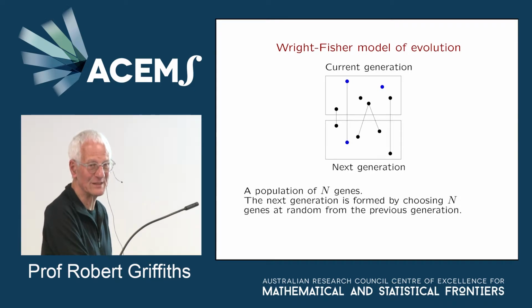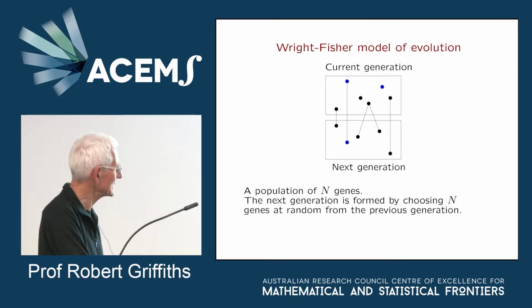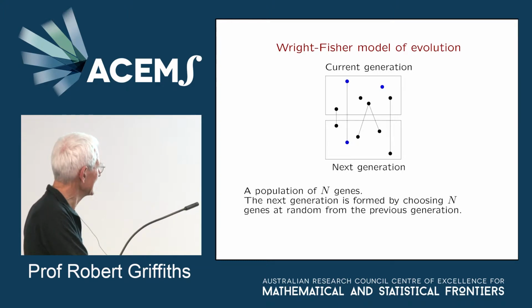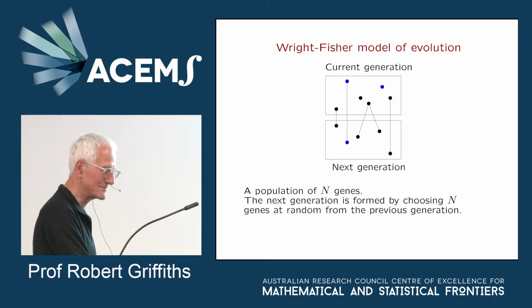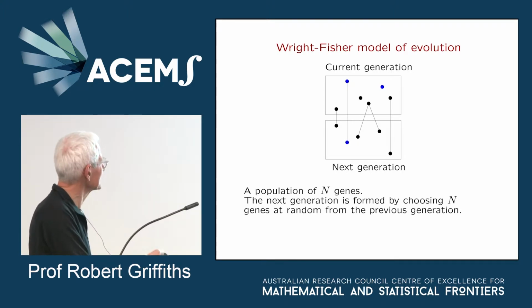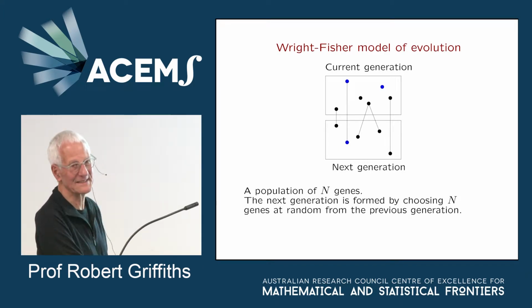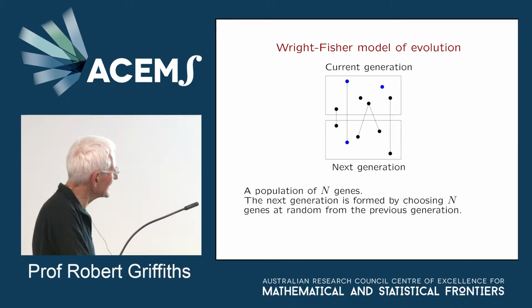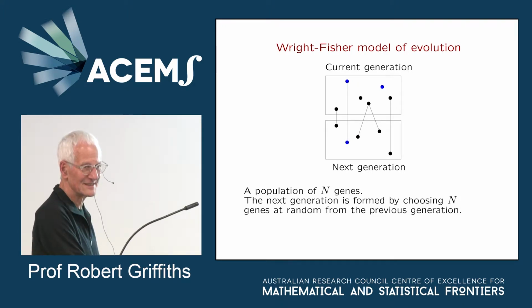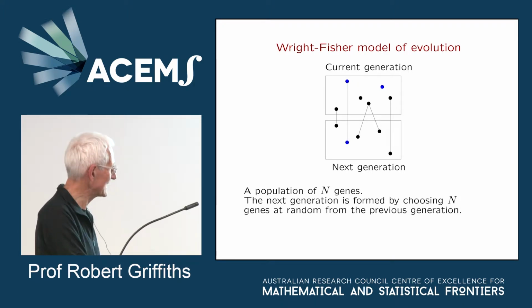It would fix on one of these types. That's what would happen in this population, as long as there wasn't any mutation. But sometimes there is mutation between, say, the blue and the black and the blue as well. And that might actually stabilise it so it doesn't hit either black or blue.